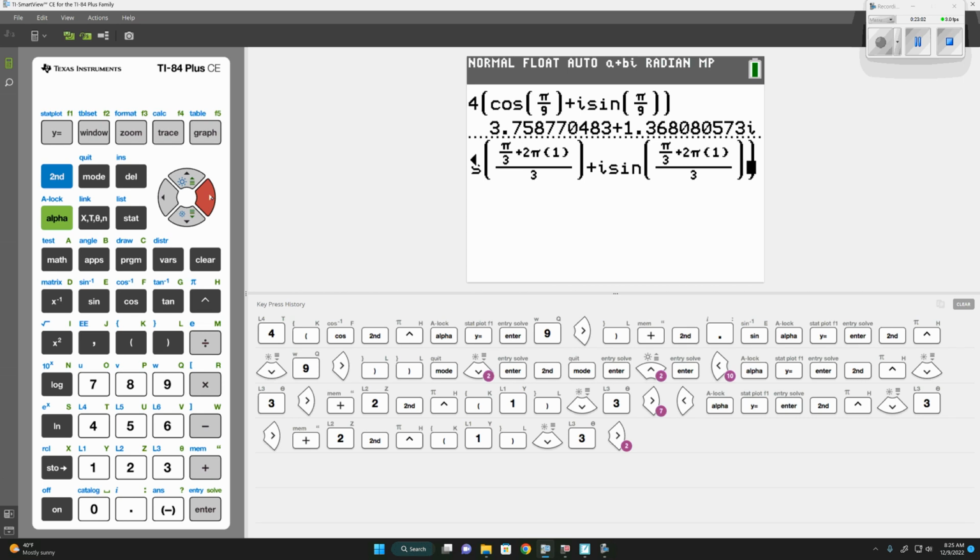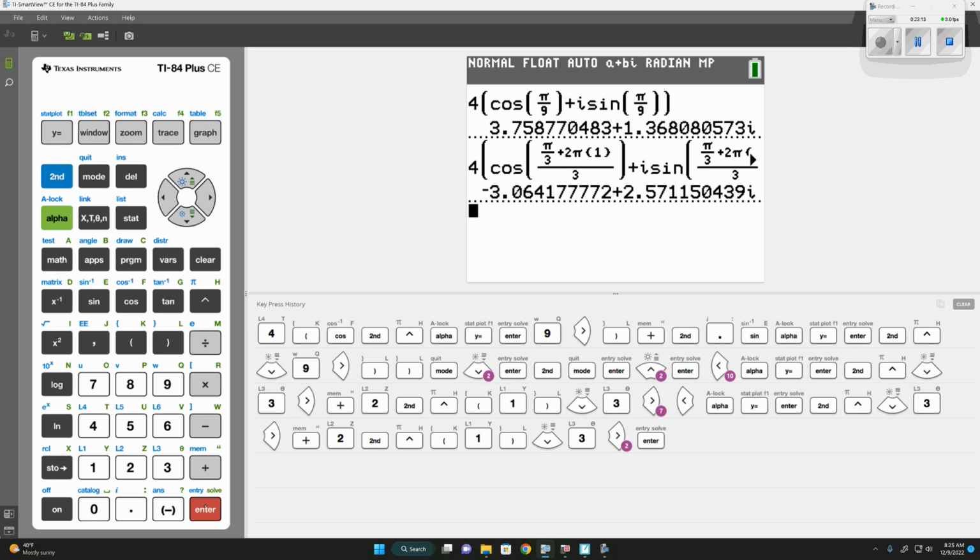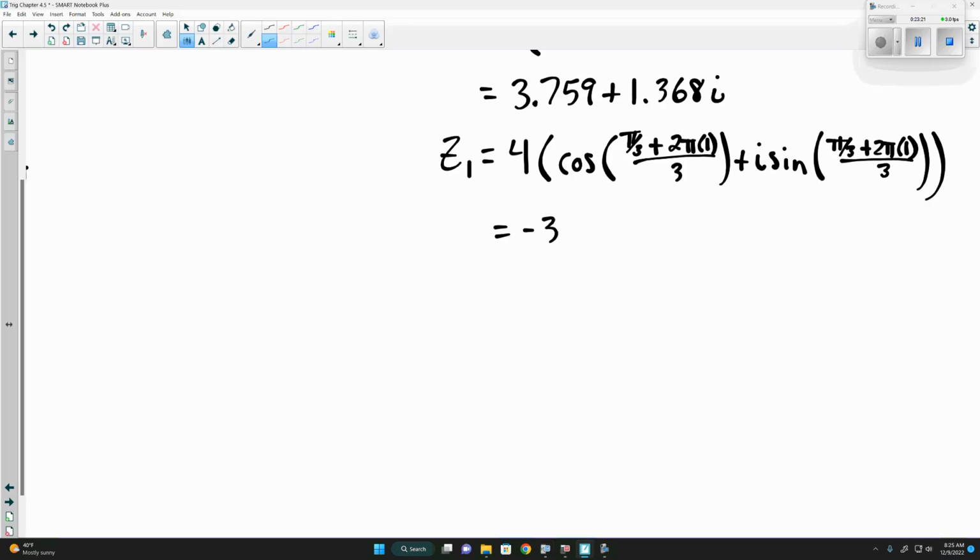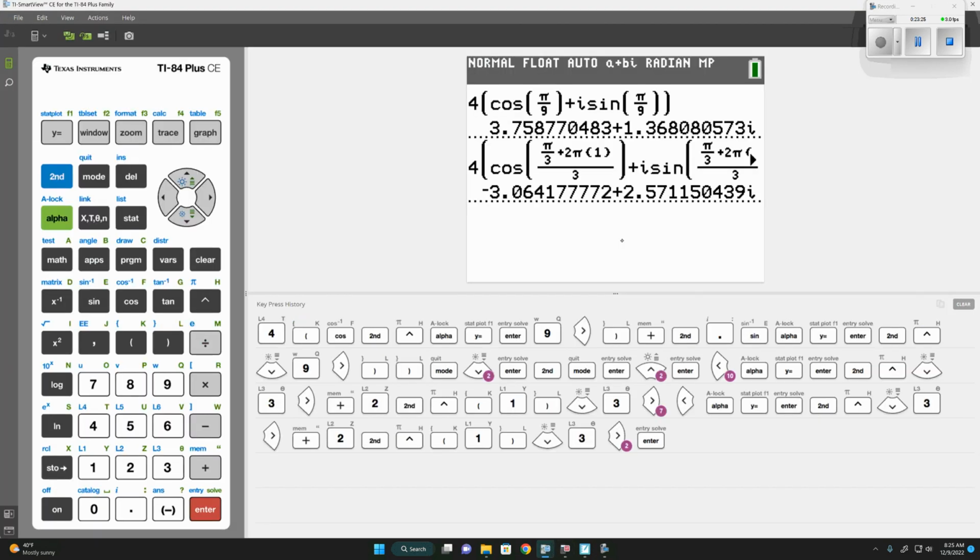Now it might seem odd I put the 1 in parentheses. I just did that at this point so that when we do the next one, it's going to change from 1 to 2. Negative 3.064 plus 2.571i.